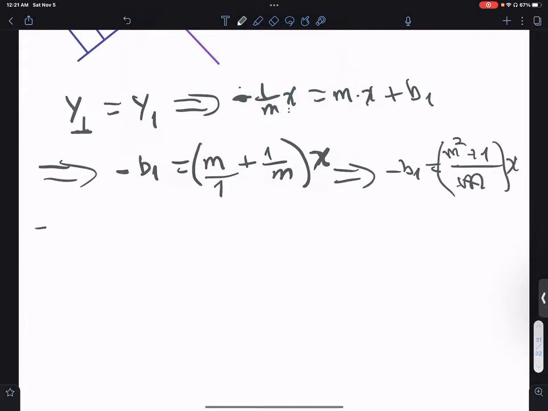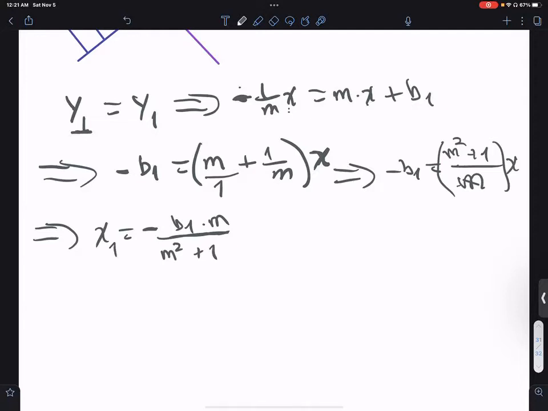We solve for x: x equals negative b1 times m, because the m is multiplying to the other side, and the m squared plus 1 goes dividing to the other side, over m squared plus 1.